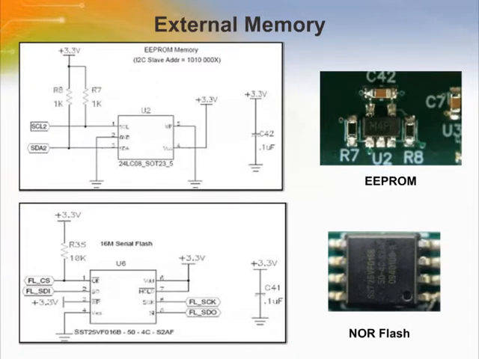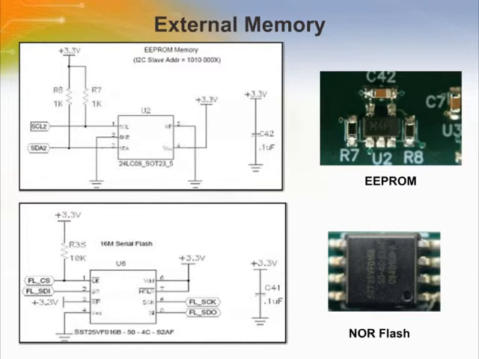The Multimedia expansion board provides 2 different onboard storage mediums, an EEPROM, a 24LC08, and a serial NOR flash, an SST25VF016. The 24LC08 is a 128-byte EEPROM. The PIC32 microcontroller uses an I2C bus interface to communicate to the 24LC08.